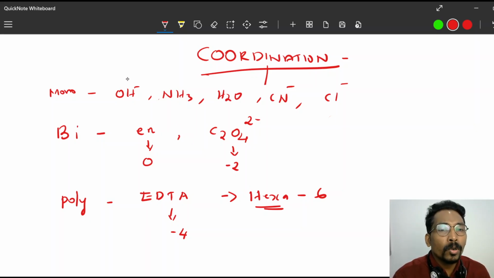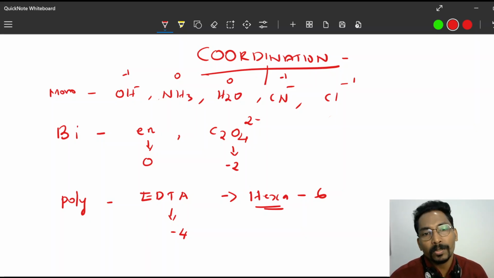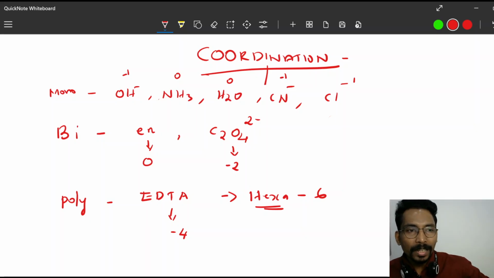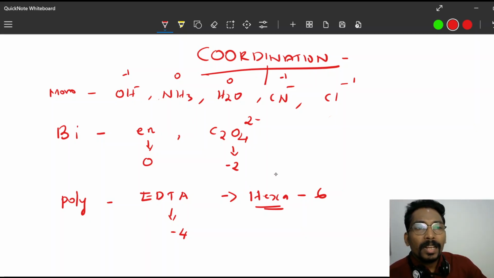OH minus is -1. Ammonia is a neutral ligand, H2O is a neutral ligand, Cl minus is -1. Okay. So now I will give you some examples for nomenclature.